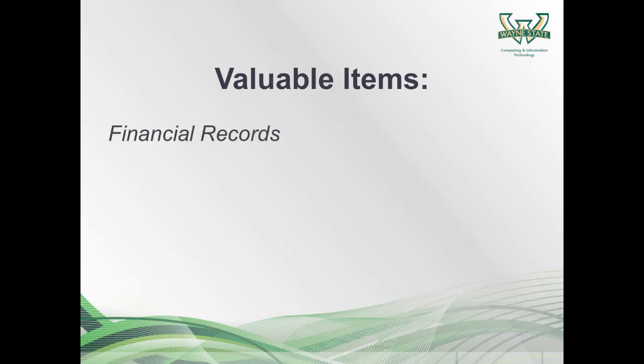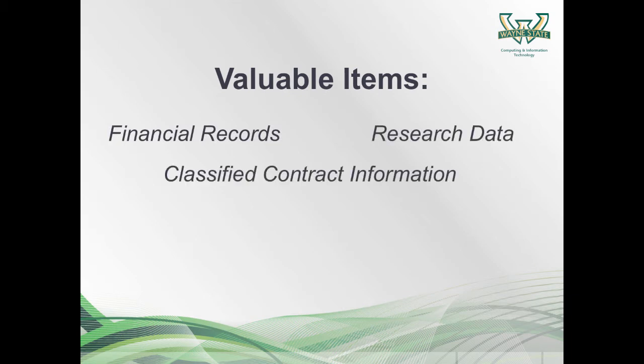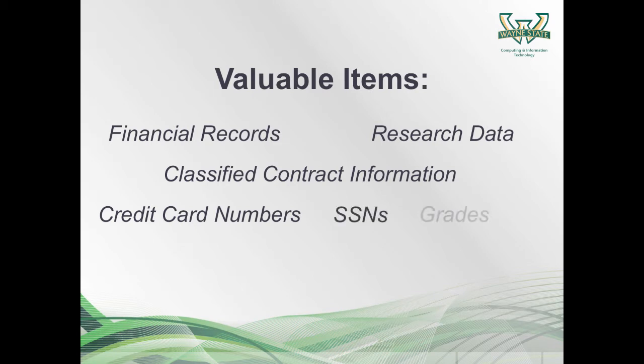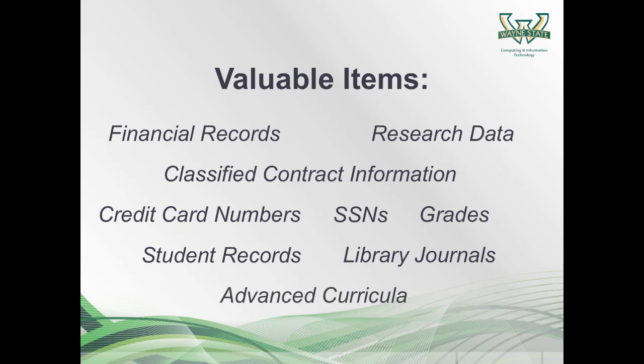Things like financial records, unpublished research data, classified contract information, credit card information, social security numbers, grades, student records, library journals, advanced curricula, just to name some. In the wrong hands, the disclosure of any of this information could prove devastating to the university. We do not want that to happen.